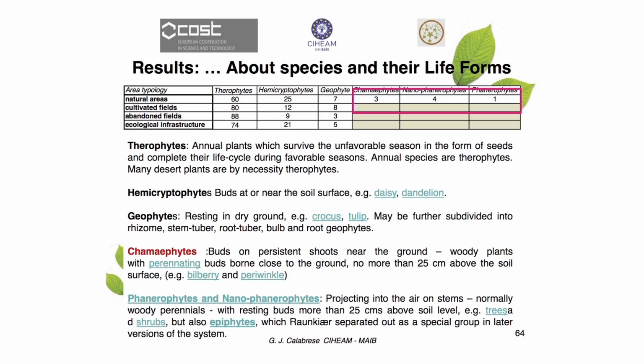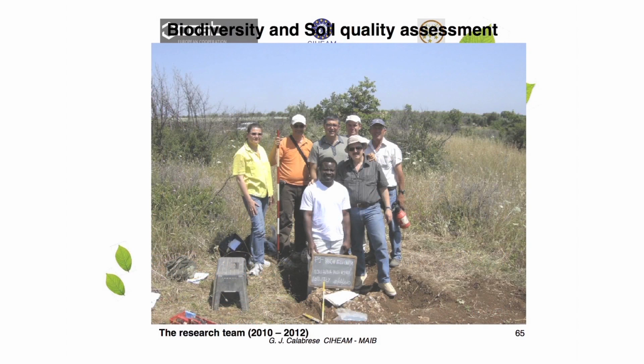And this is because of the disturbing action of the agricultural practices. So this is the net loss, and this is something as well. This is just the result. Thank you for your attention.